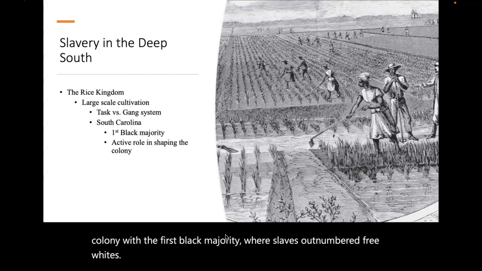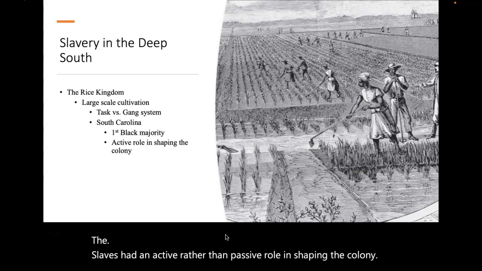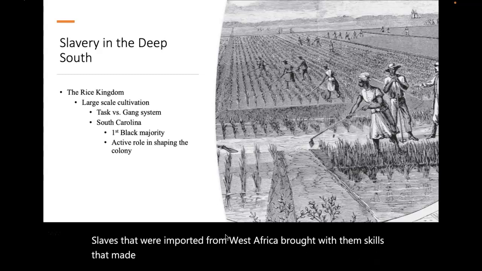And this is important because we see that the slaves had an active rather than passive role in shaping the colony. Slaves that were imported from West Africa brought with them skills that made them quite valuable to the colony. Their knowledge of the coast and waterways made them skilled fishermen.